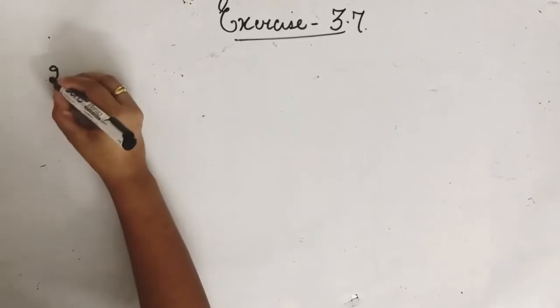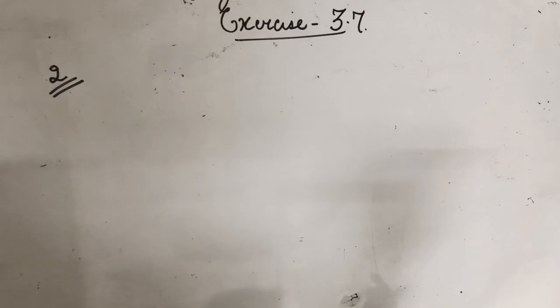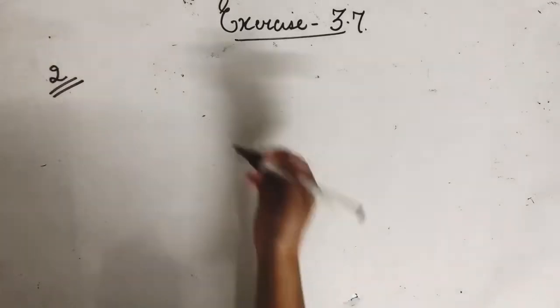Second question. 3 boys step off together from the same spot. Their steps measure 63, 70 and 77 centimeter respectively. What is the minimum distance each should cover so that all can cover the distance in complete steps? So first you have to write the measure of all the steps.